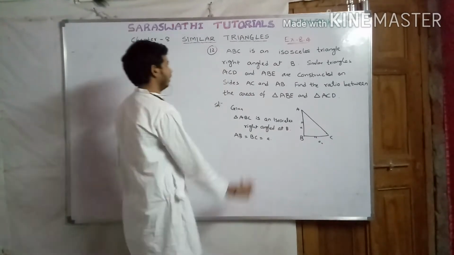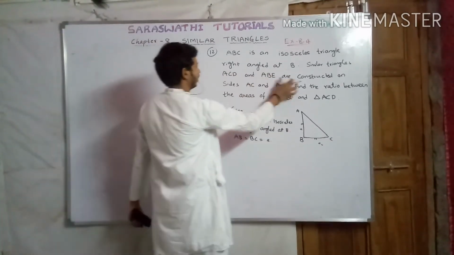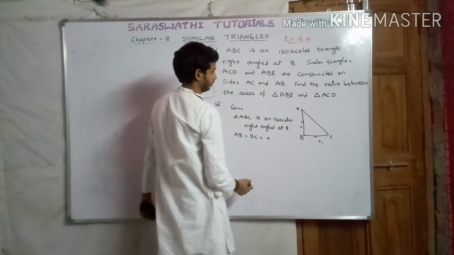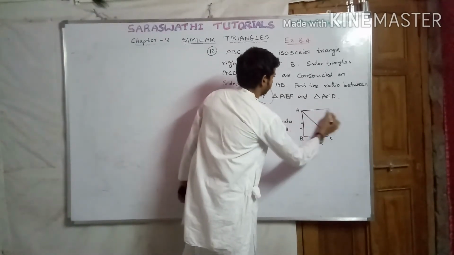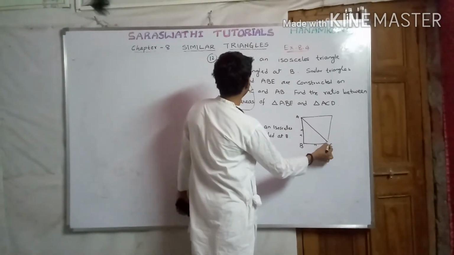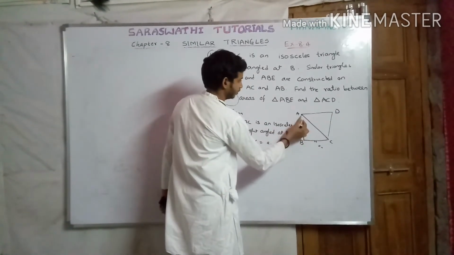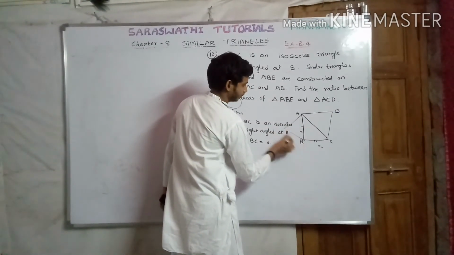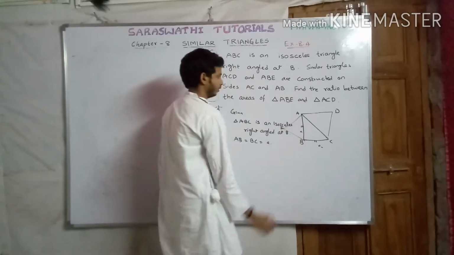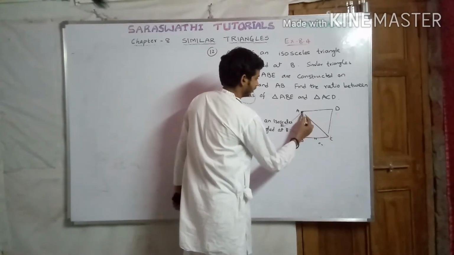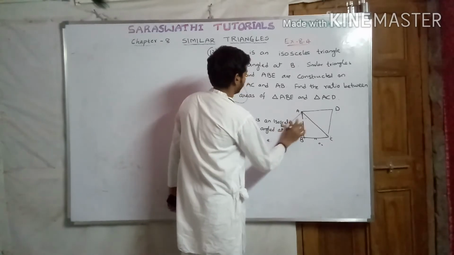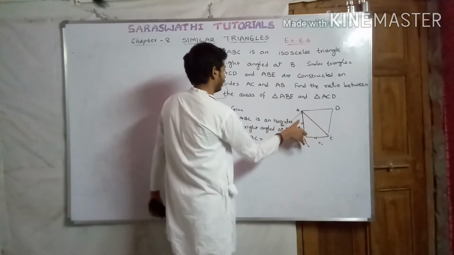Similar triangles ACD and ABE are constructed on the sides AC and AB.